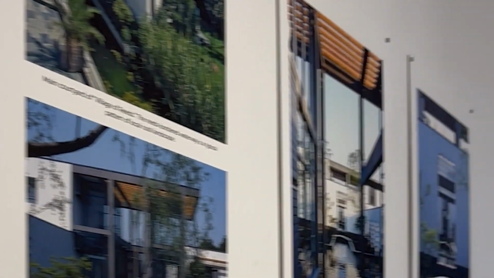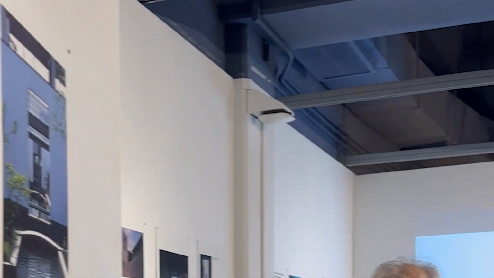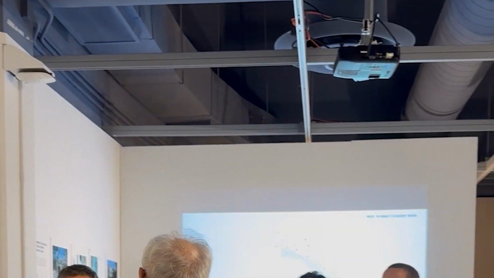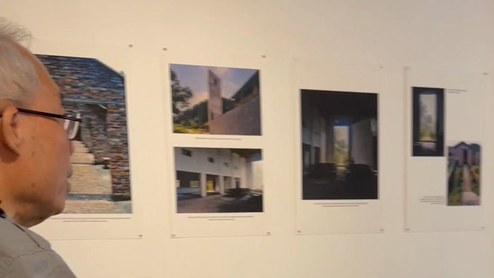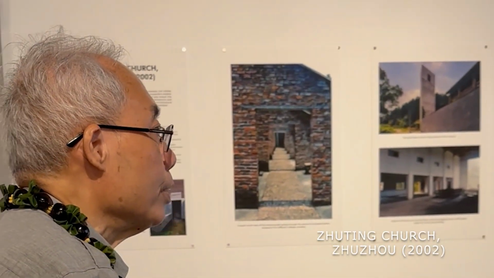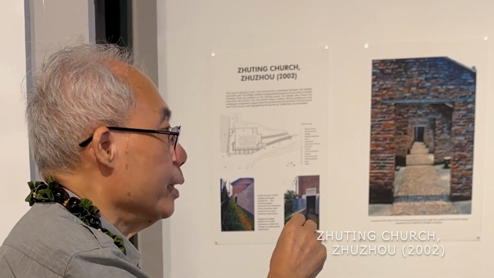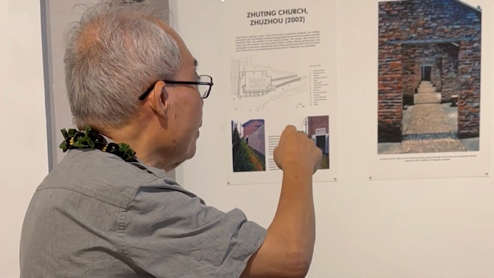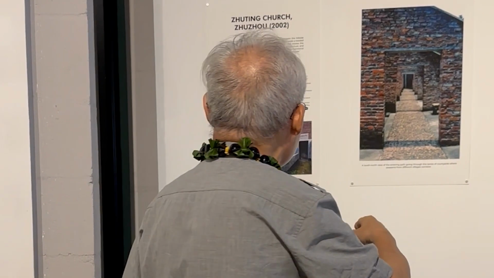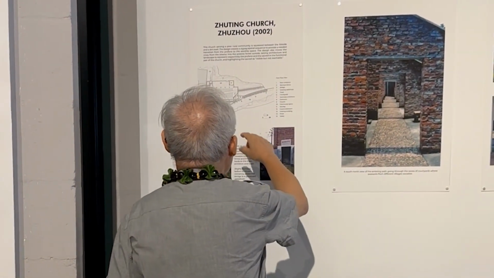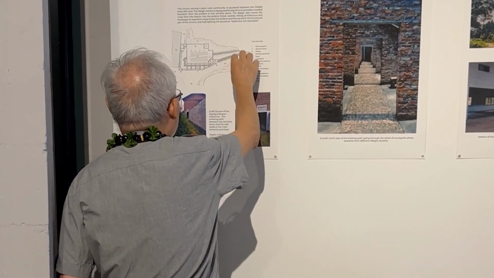In the big mountain, in a very poor village, an urban resident went to the church. So she donated a little bit of money to build this. So the whole idea is, it's in the big mountain with a dirt road.